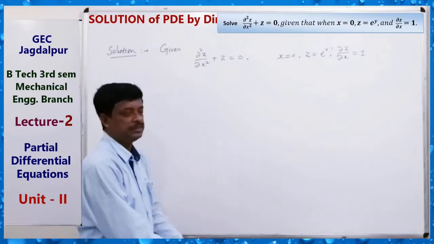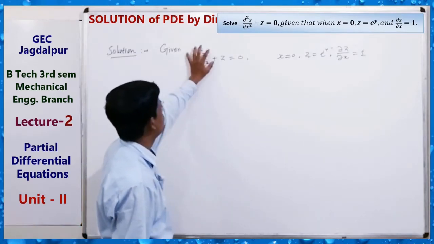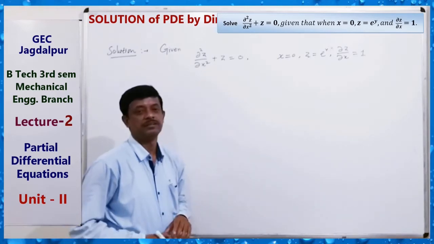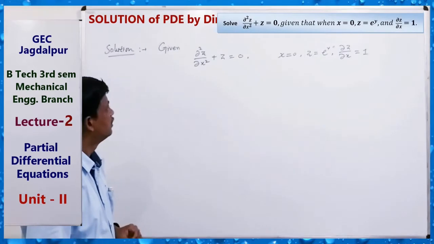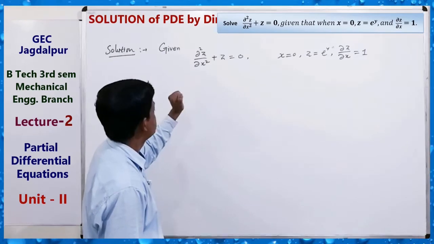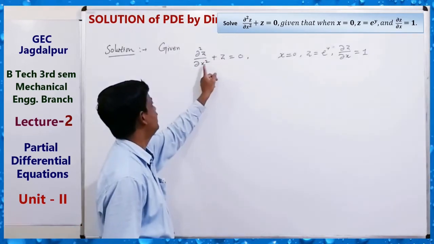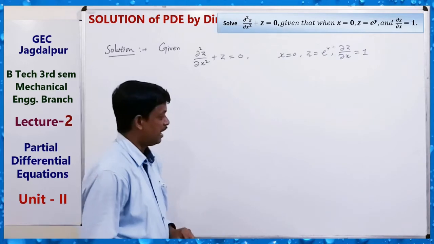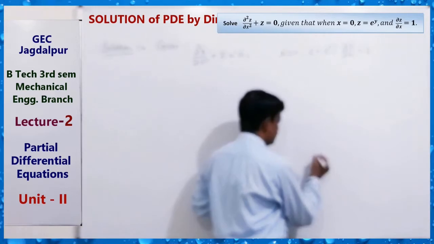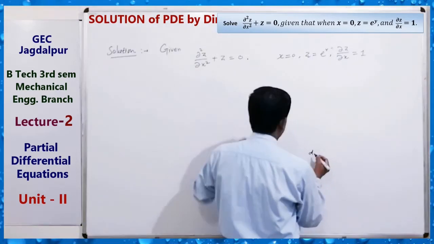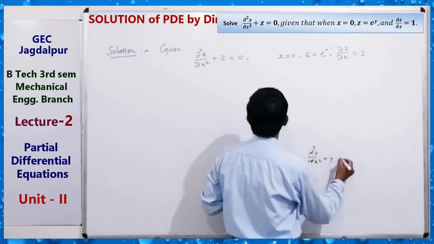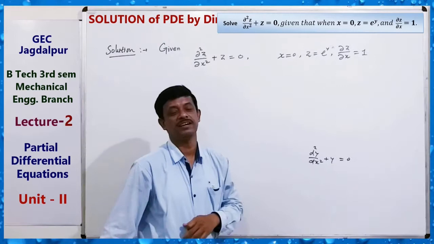We have to solve this. Here we see that there are single partial derivatives, so we can solve it by the direct integration method. But here we see that only z and x appear. As in an ordinary differential equation, if the equation were like d2y upon dx square plus y equals to 0, how can you solve it?